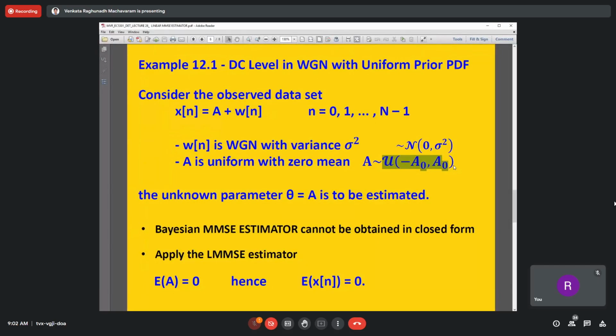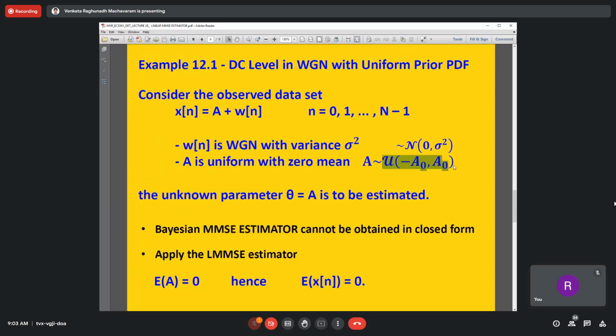So it is a uniform density from the parameter value minus a naught to plus a naught. It is a two-sided rectangular or square function from minus a naught to plus a naught. So what is the height of your density function for A now? 1 by 2 a naught. You can plot it. Let us plot the two PDFs for clarity.